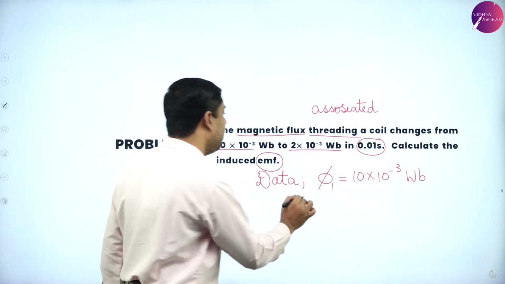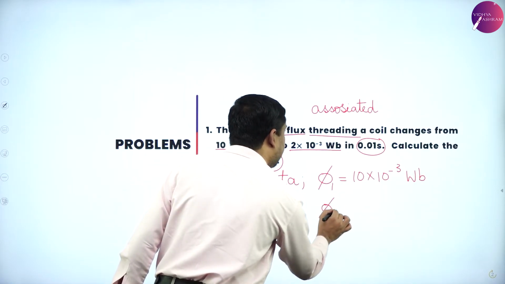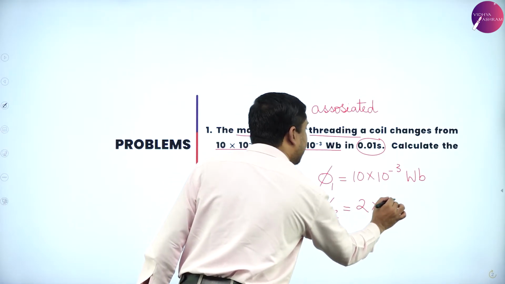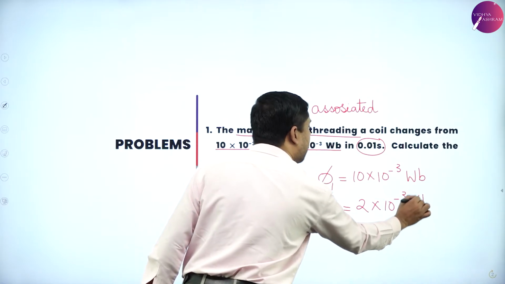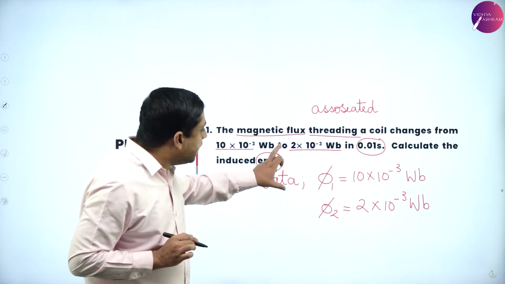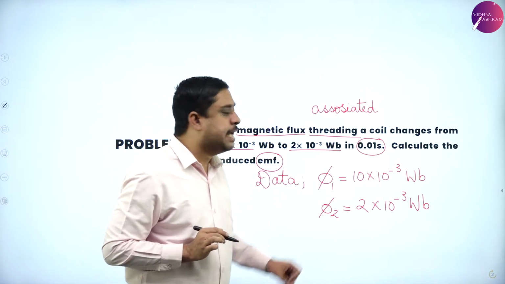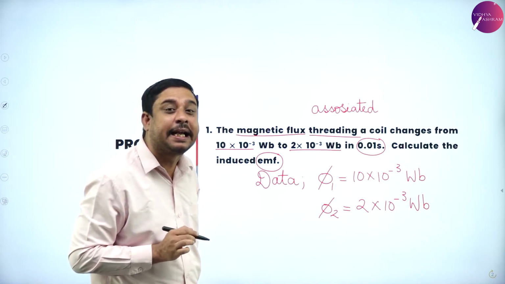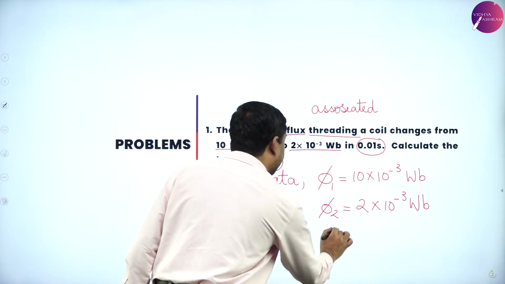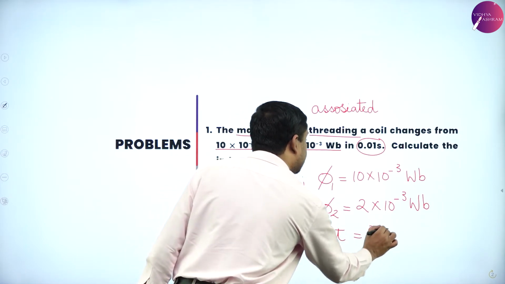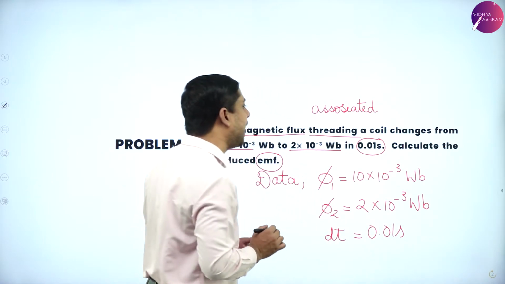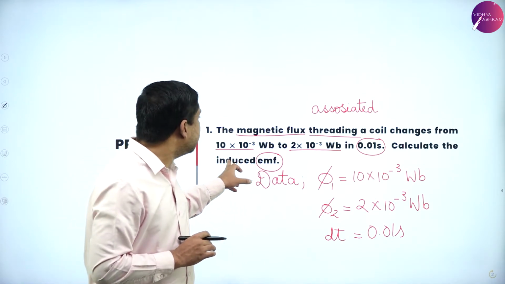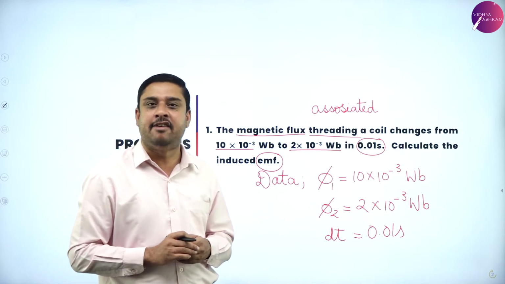And the final magnetic flux is 2 into 10 power minus 3 Weber. This change is happening in 0.01 second. So dt is equal to 0.01 second. I have to calculate the induced EMF.